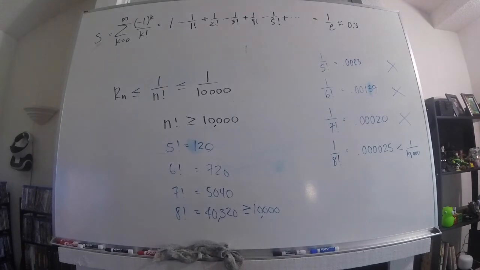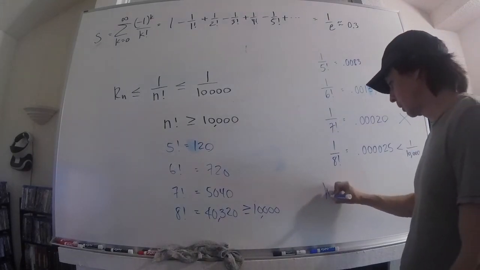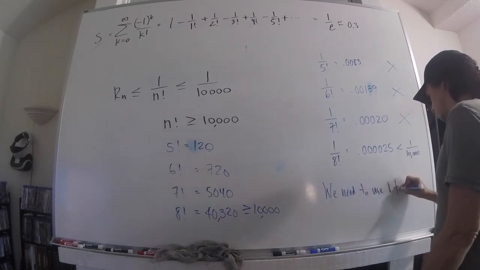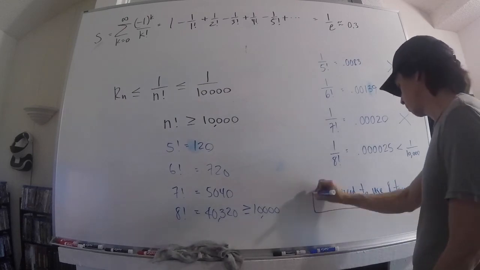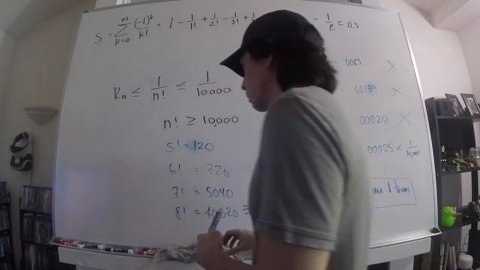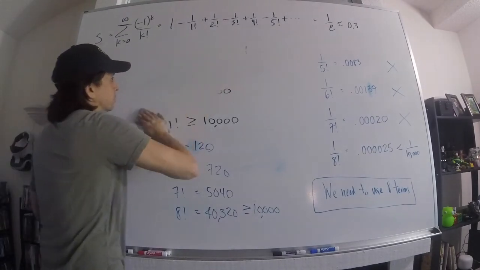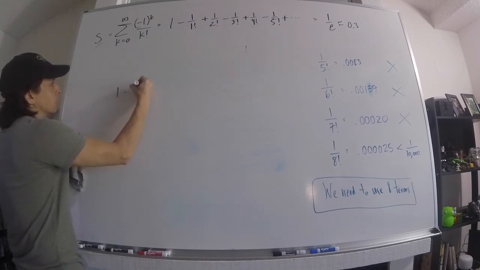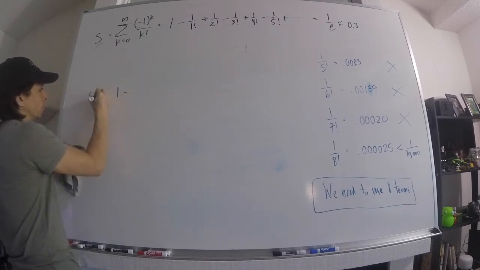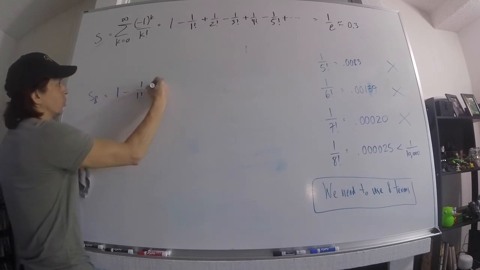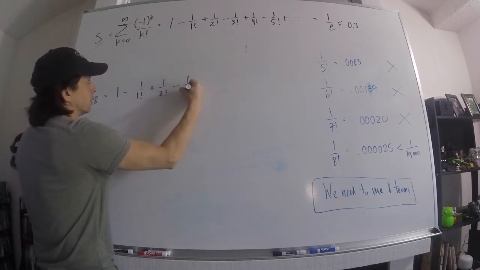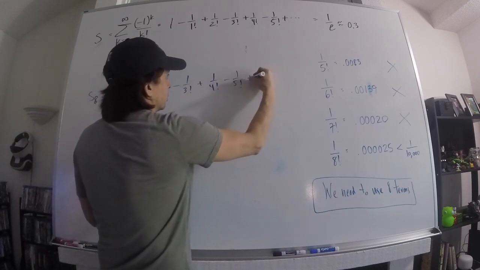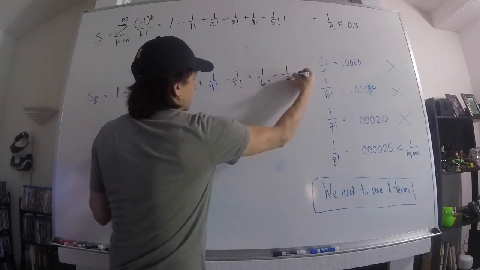Anyway, we need to use 8 terms. That's what she wrote. Yep, I agree. We need to use 8 terms. Which means that, let me write S8, which is equal to 1 minus 1/1 factorial. That's 2, 3, 4, 5, 6, 7, 8.